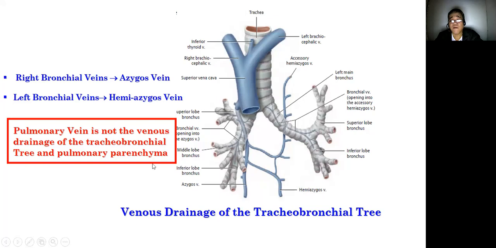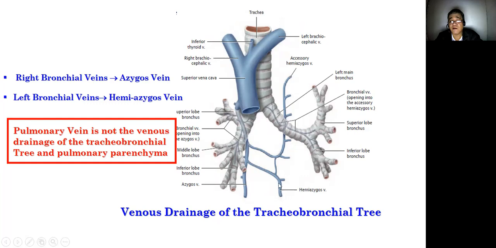Venous drainage of the tracheobronchial tree is via the right and left bronchial veins. The right bronchial veins drain into the azygos vein, and the left bronchial veins into the hemiazygos veins.